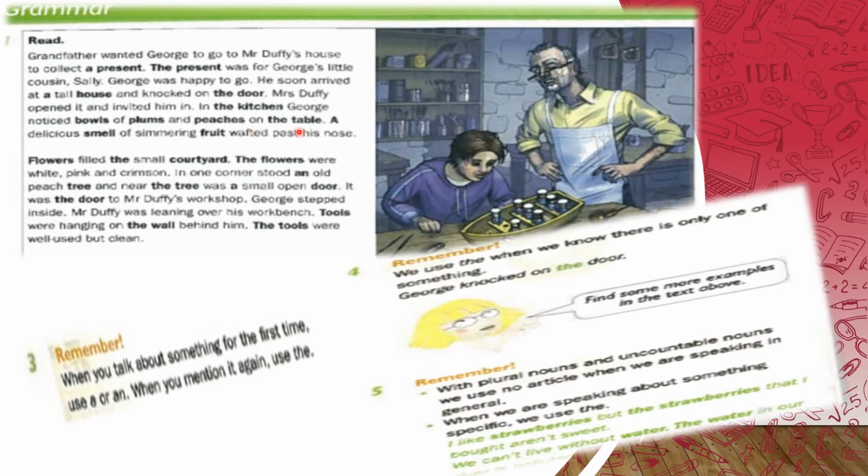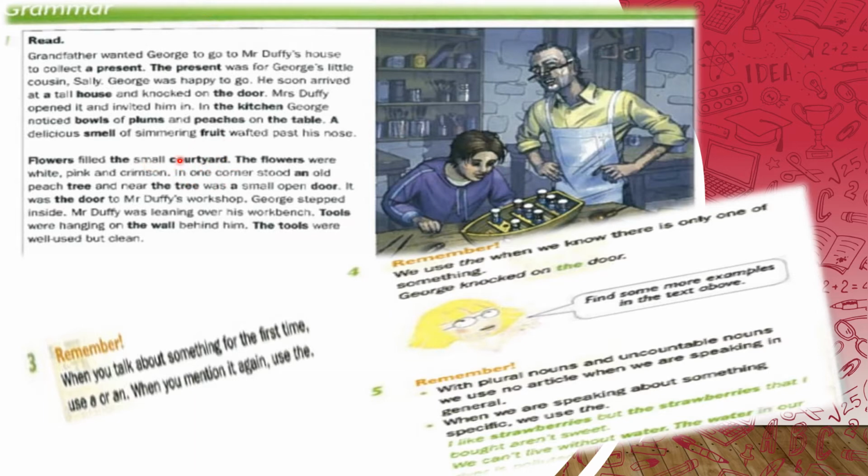On the table. Which table? The one in Mrs. Duffy's kitchen. A delicious smell of simmering fruit wafted past his nose. Flowers, also a plural noun, mentioned for the first time. We don't put any article. Filled the small courtyard. We know which courtyard.